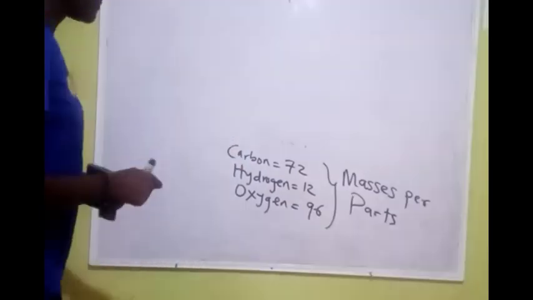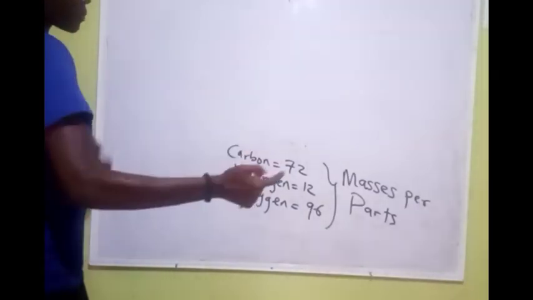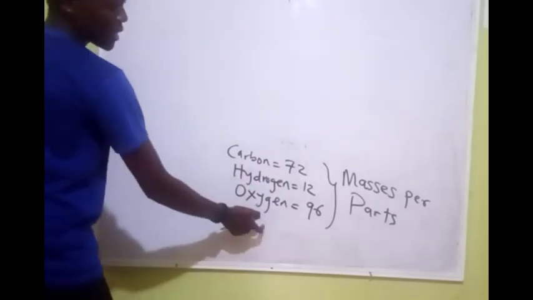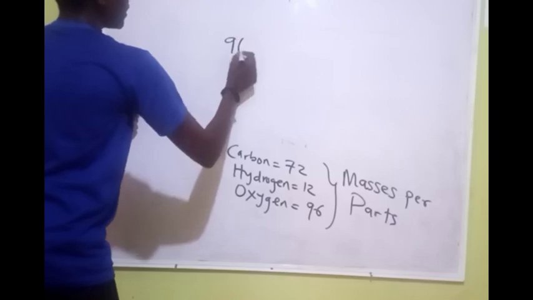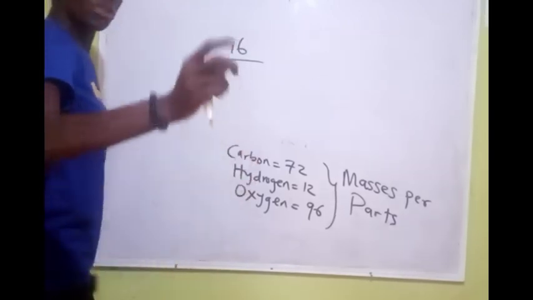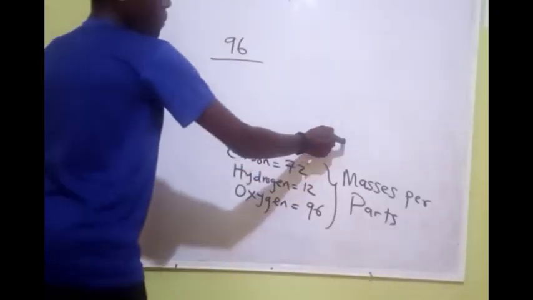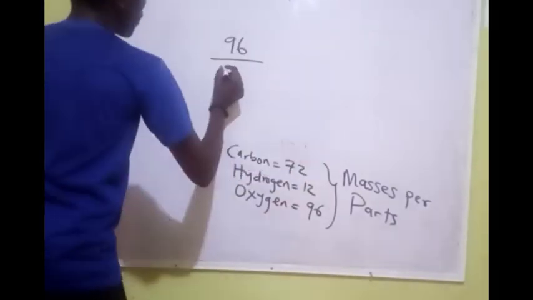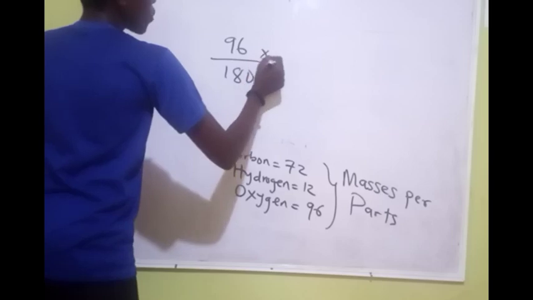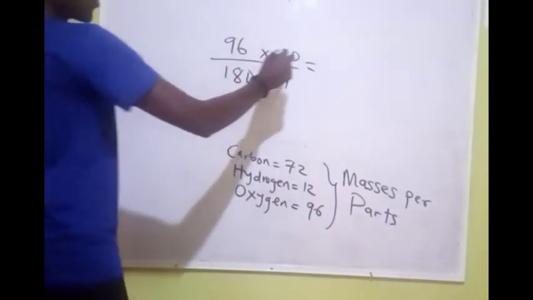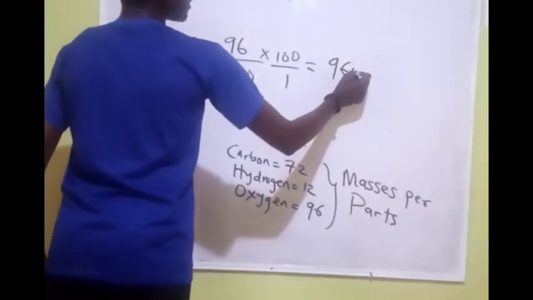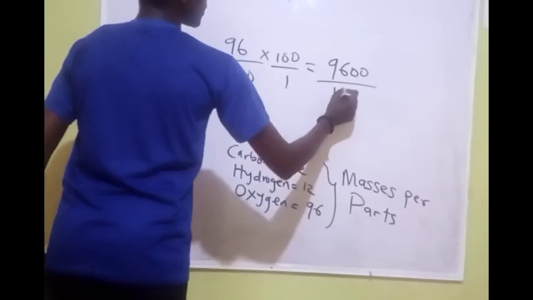Watch me. We've known that the mass of oxygen in this compound glucose is 96. So we're going to write 96 over the total mass of the compound, that's 180, right? So over 180 times 100 over 1. So 96 times 100 is 9600 over 180.